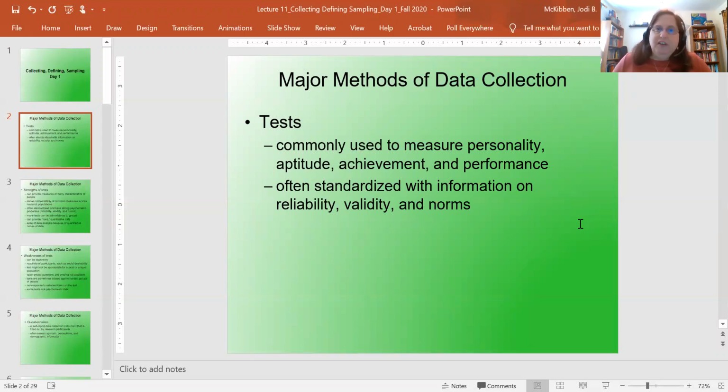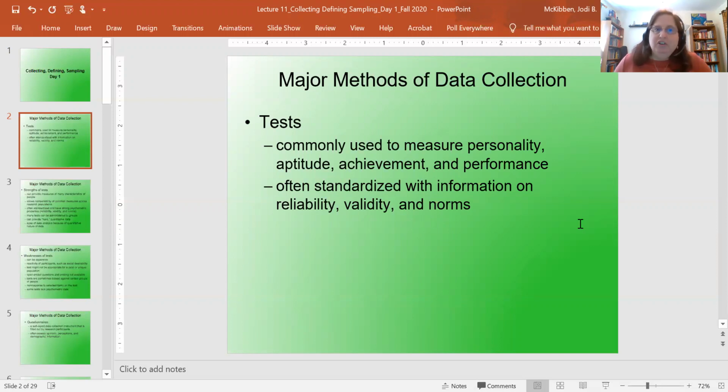So if you gave the same test to the same person, how similar would the scores be? Validity has to do with how accurate an item is, okay? And norms has to do with basically how it compares to a normal population, okay?